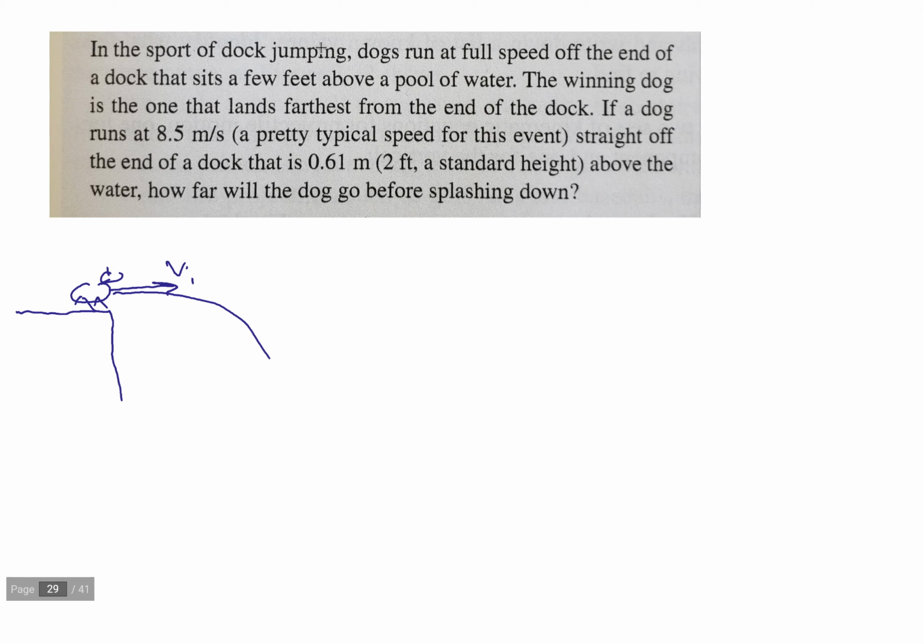So we should set up axes. We have x direction, y direction, positive is up. Okay, positive x to the right, positive y is up. Okay, so that's kind of the idea of what's going on. Now, the dog runs at 8.5 meters per second. What is that?